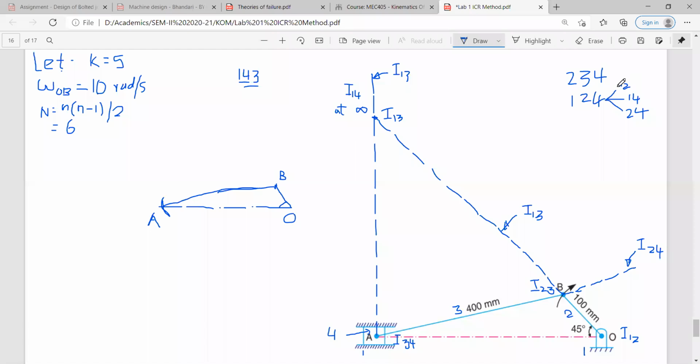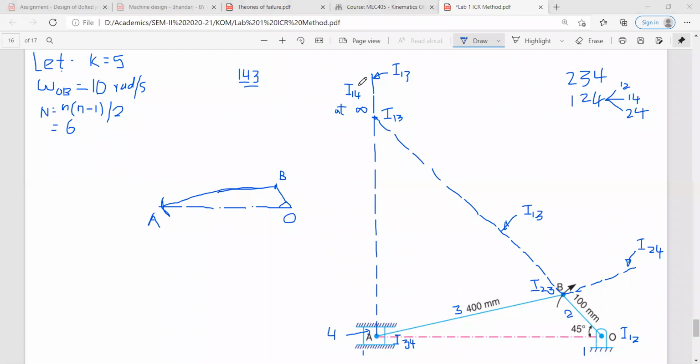What about the ICR I12? ICR I12 is here, and ICR 1, 4, where it is? It is at infinity. Okay, so in order to draw this line which is connecting these 3 ICR, we have to first join the I14 and I12.